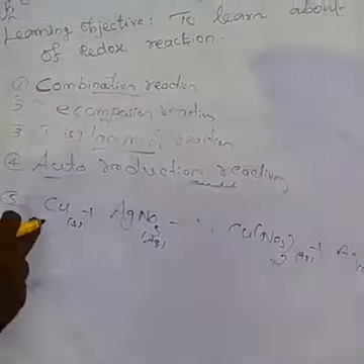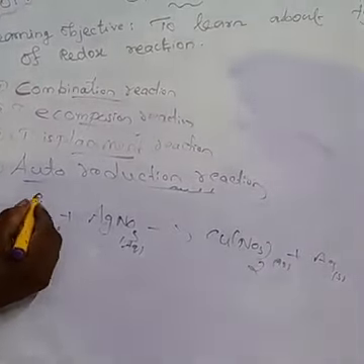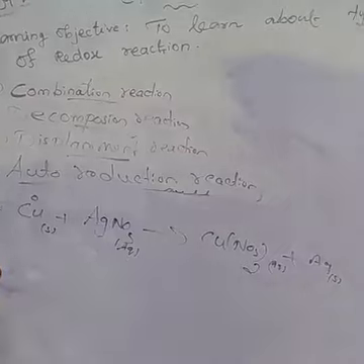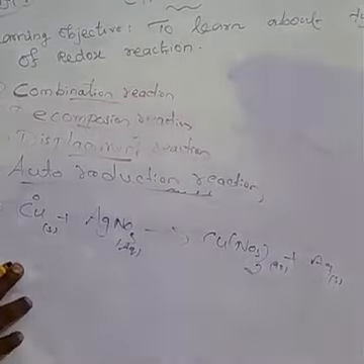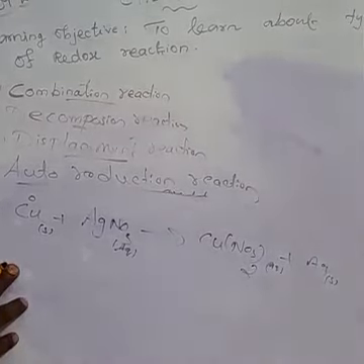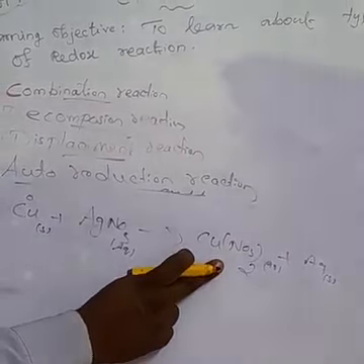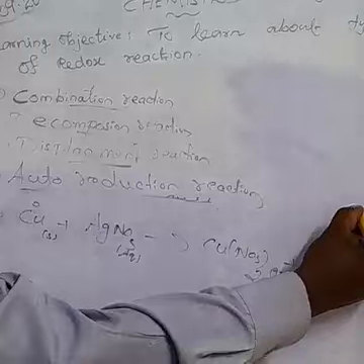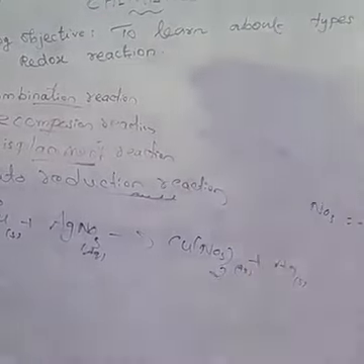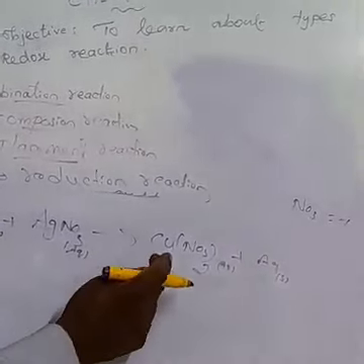Already I told you that copper is free, so the charge becomes 0. Nitrate has a charge of how much? -1. NO3 is -1. So we want to find the charge of copper in copper nitrate.